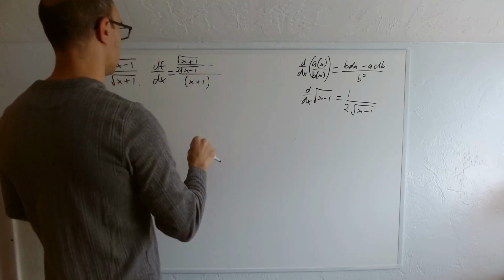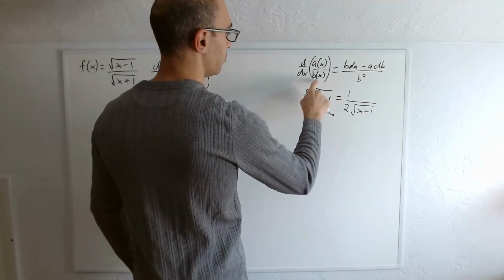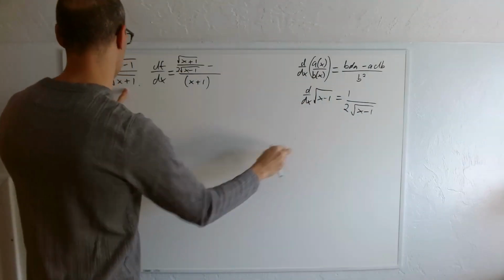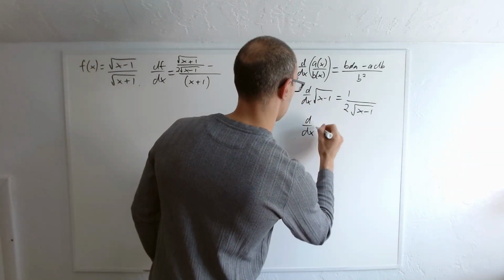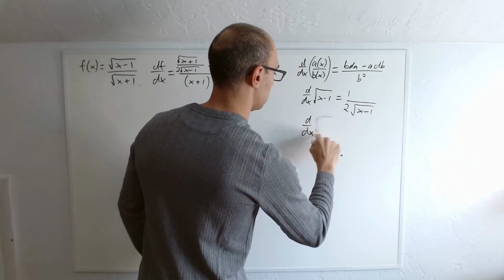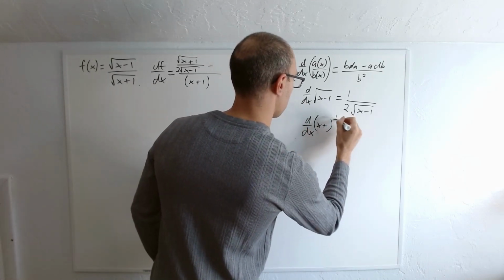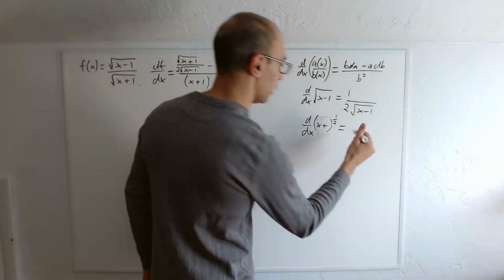Now we have minus. So we once again need to take the derivative of b, which is the denominator. Let's just do that on the side here as well, real quick. This time I'm not going to use the square root symbol, just so it can be clear what we're doing. It's just the exponent rule for differentiating.